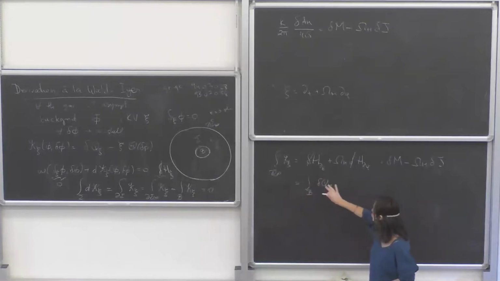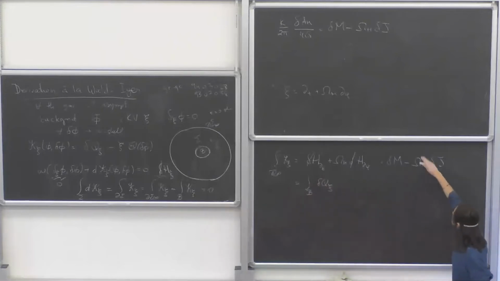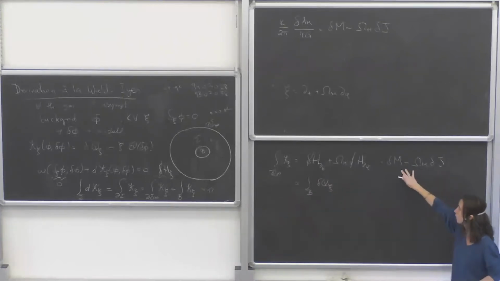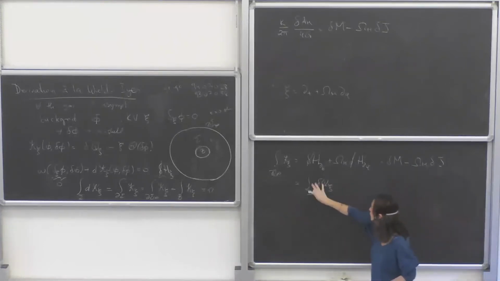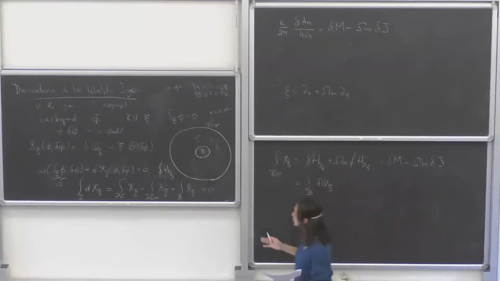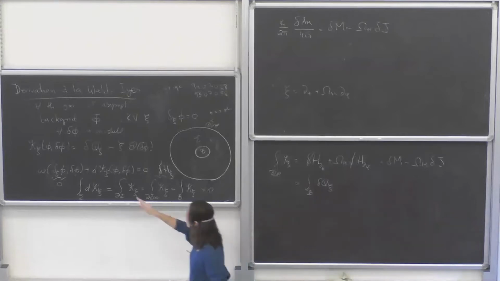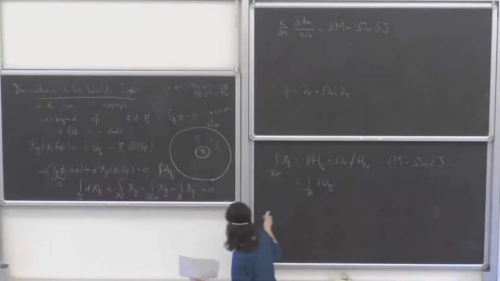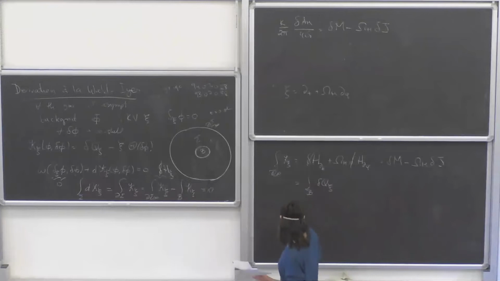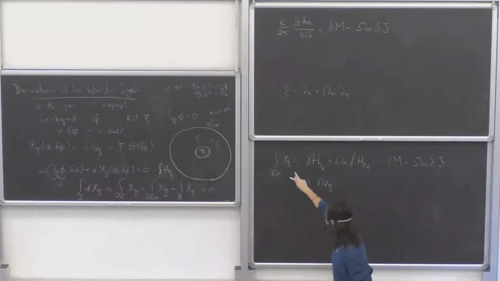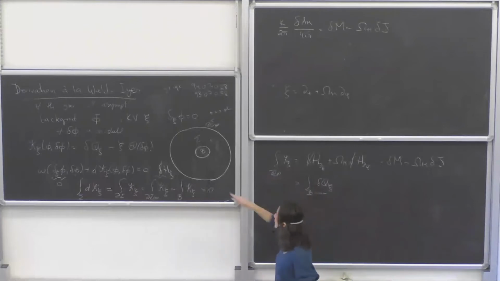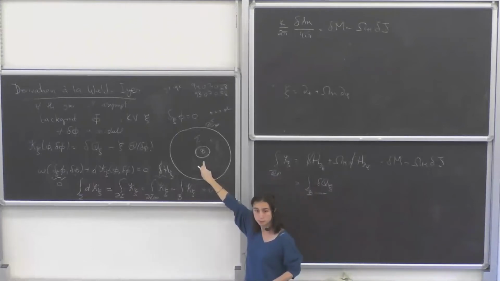So this is already the right-hand side of the first law. What we want to do now is massage this horizon piece. We've already seen that the Noether charge and the fact that we have an exact Killing vector of the background tell us that this contribution is just something intrinsic to the horizon.